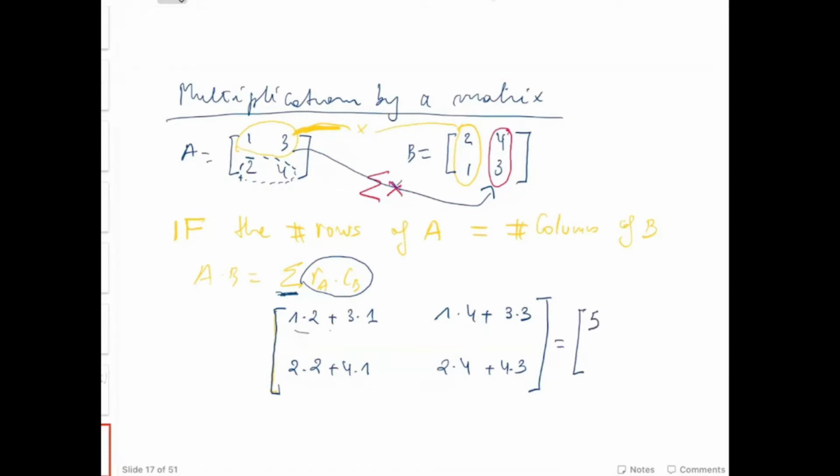So 2 plus 3, 5, 4 plus 9, sorry, 13, 2 plus 4, 4 plus 4, 8, 20. This is the product of A and B.